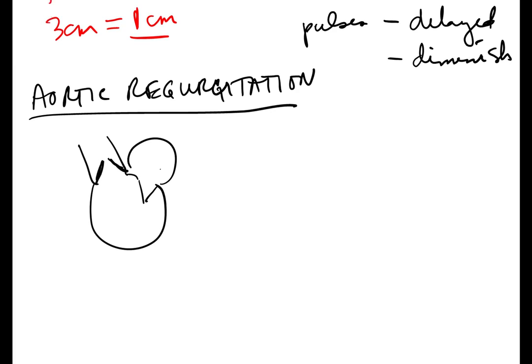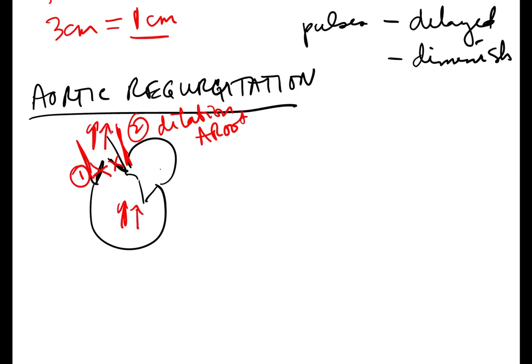And the defect is either going to be abnormalities of the valve itself, or the more common situation, which is going to be dilation of the aortic root. And that's going to leave us with high pressures here that collapse after contraction, and obviously very high pressures into the aorta.